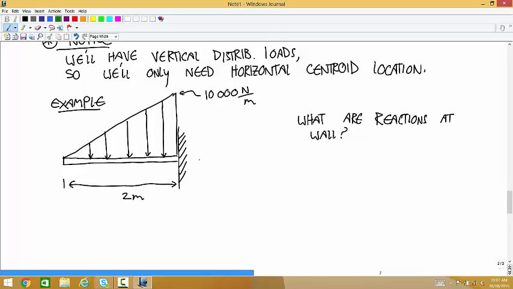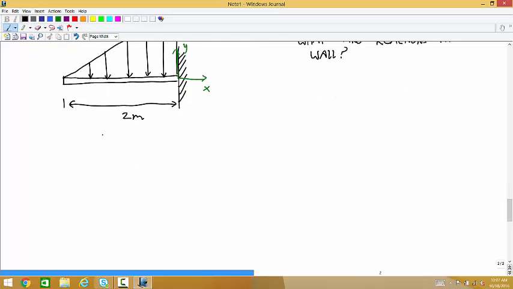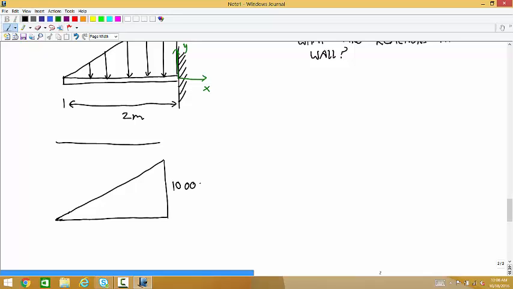So I'll put my coordinate system here, since that's where we're going to put the origin. And now think about this shape. That's the distributed load. The height is 10,000. The width is 2. It's not drawn to scale.